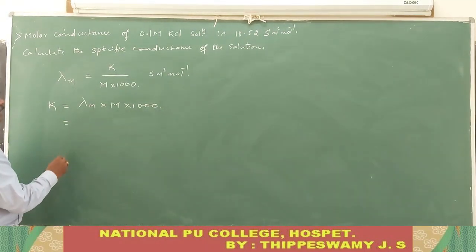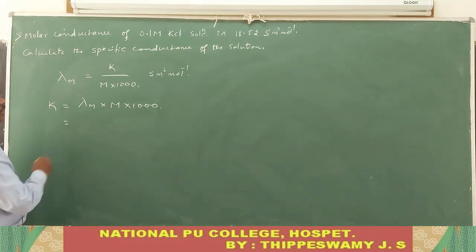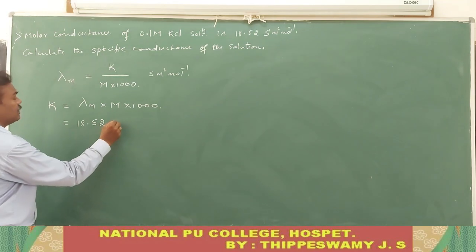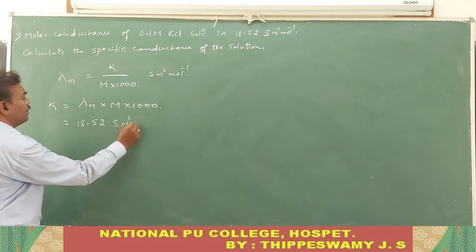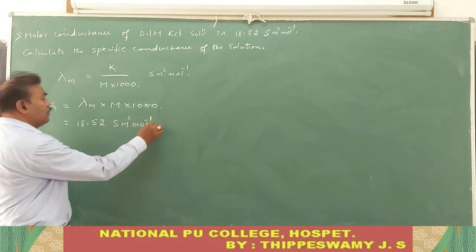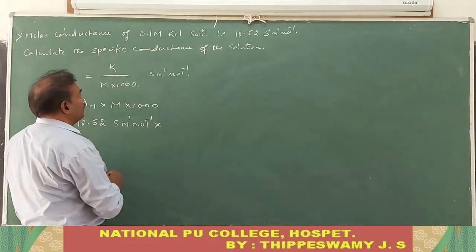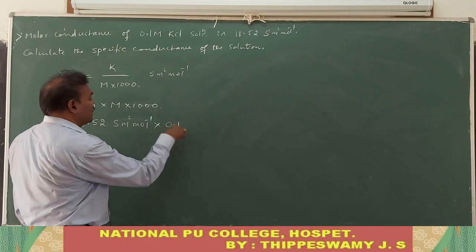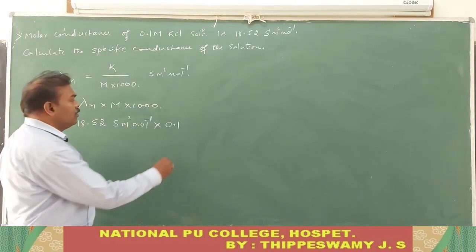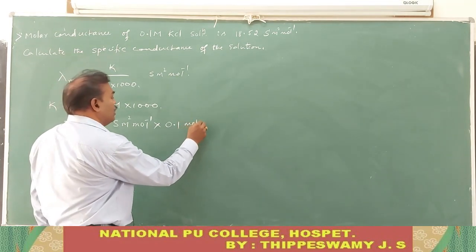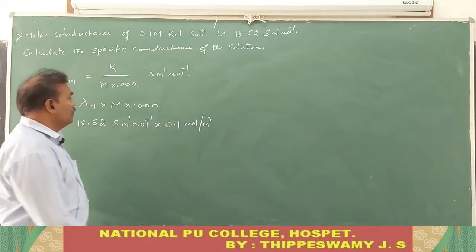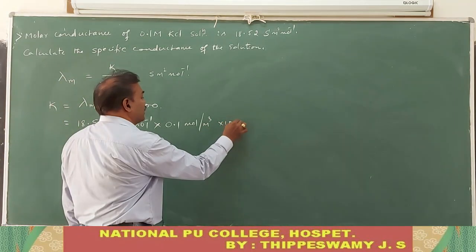The value of the molar conductivity is 18.52 Siemens meter square per mole, into molarity. The concentration of the solution is 0.1 mole per meter cubed, we can take that in SI unit, into 1000, which is a constant.